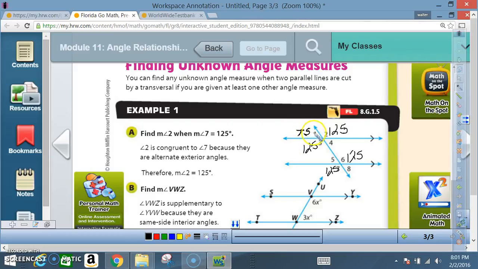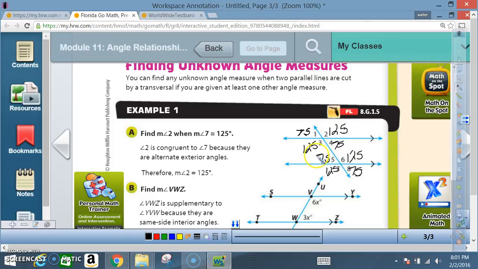So if angle 1 is 75 degrees, so is angle 4. Why? Vertical angles. If angle 4 is 75 degrees, then so is angle 8. Why? Corresponding angles. And then that means that angle 5 must also be 75 degrees. Why?